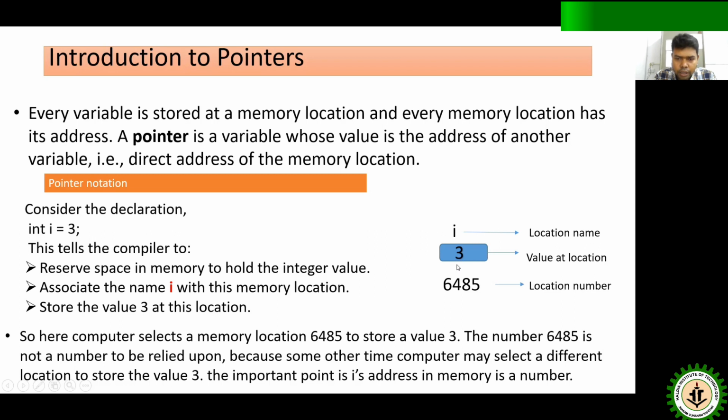Now, the memory location we have selected, 6485, is not a fixed memory location. If we run the program the next time, this variable I may be stored at some other memory location. So this space is dynamic in nature, and every time we run a program, this memory location can change.